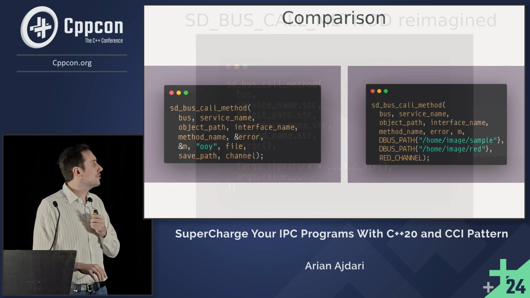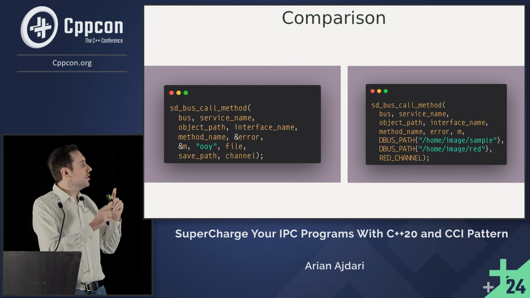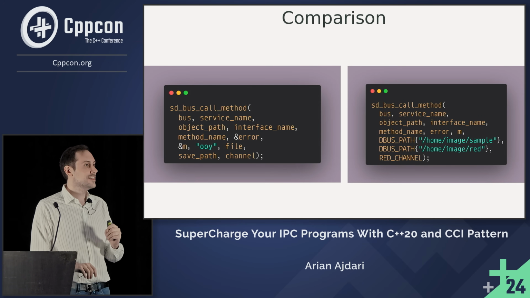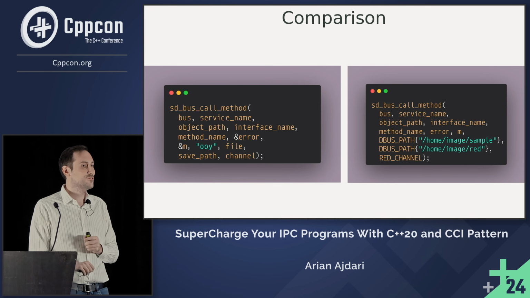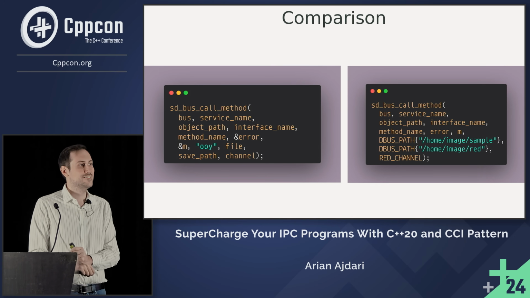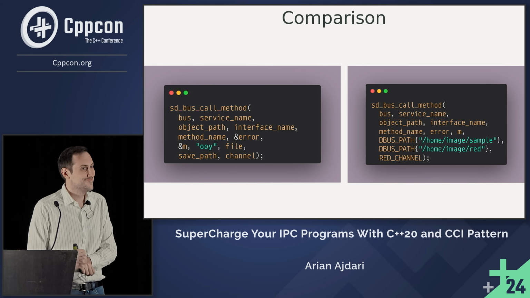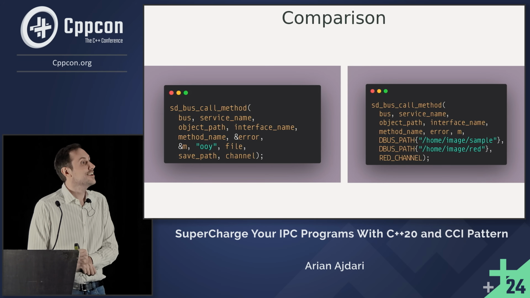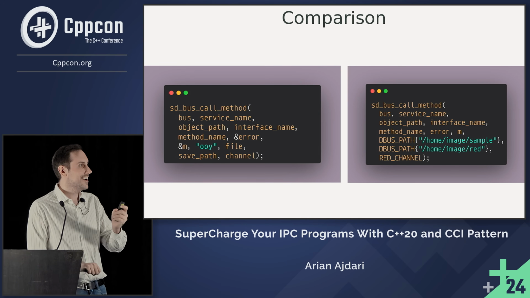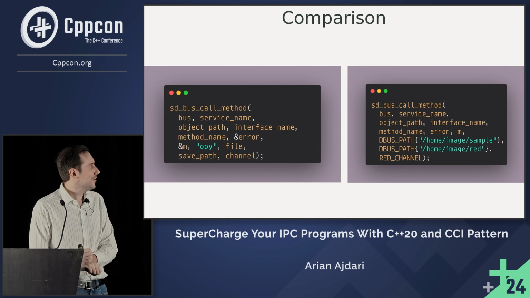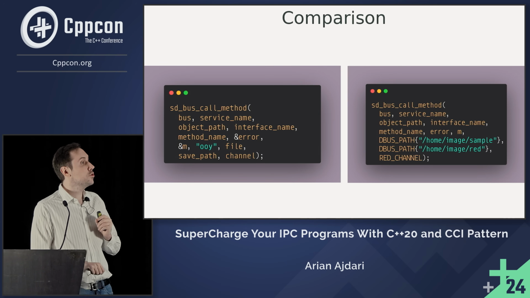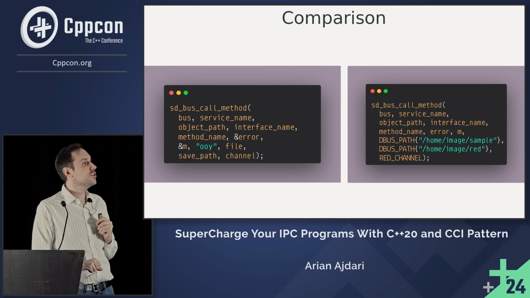But now I would like to ask you the same question again. Which of these two interfaces utilizes CCI, and which of these two user interfaces does not utilize CCI? The one on the right is the CCI. That's correct.